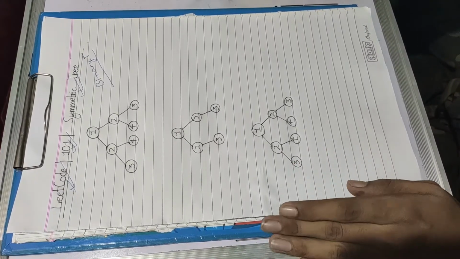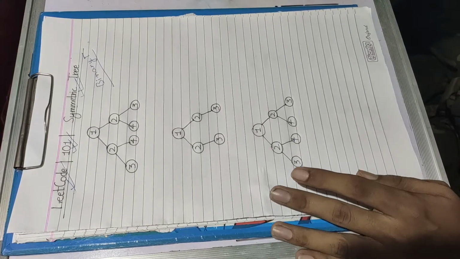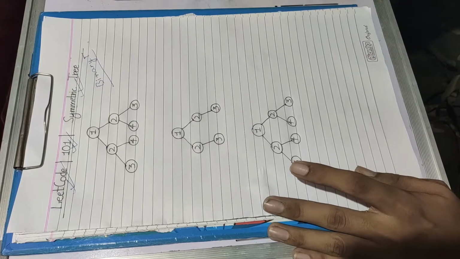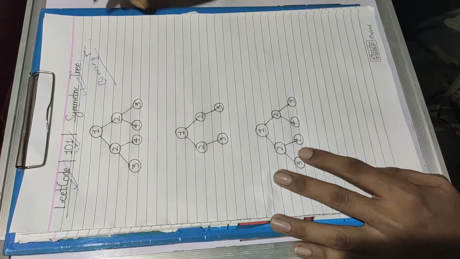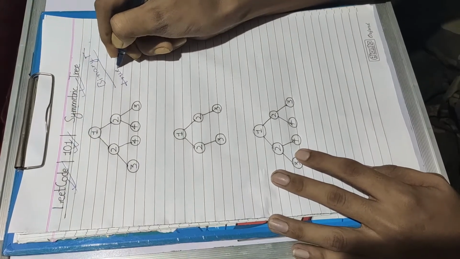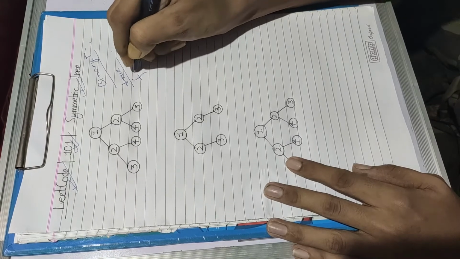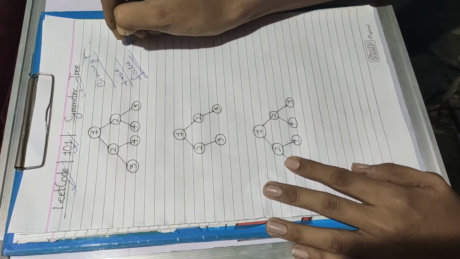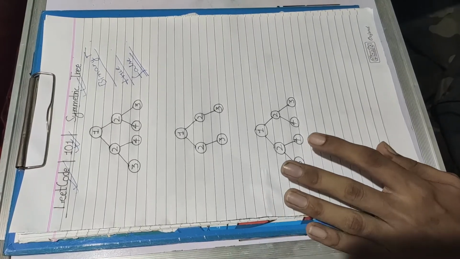So we have to return our value as a boolean. If the tree that we are given is symmetric, we will return true, or if the tree that is given is not symmetric, we will return false. But now what does it mean to be symmetric or not?